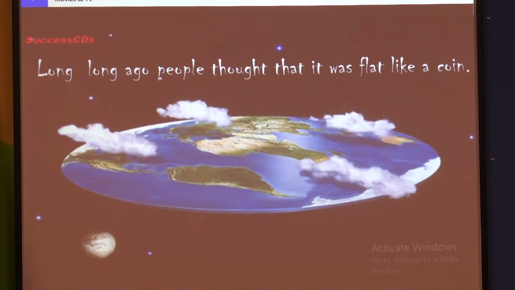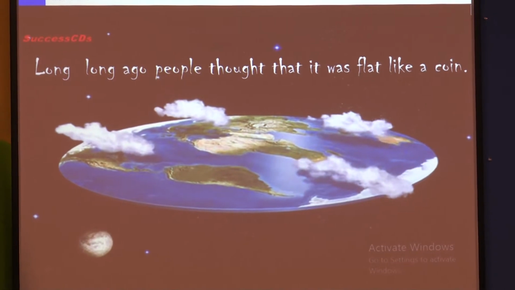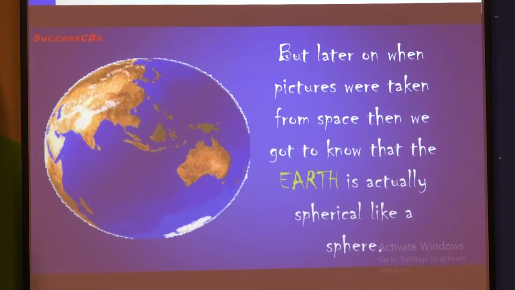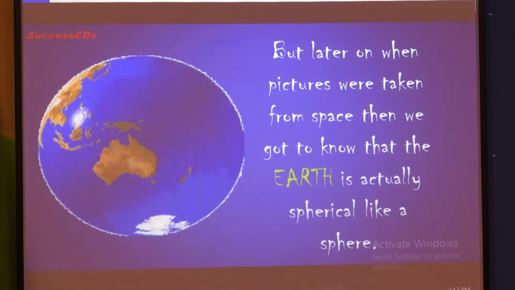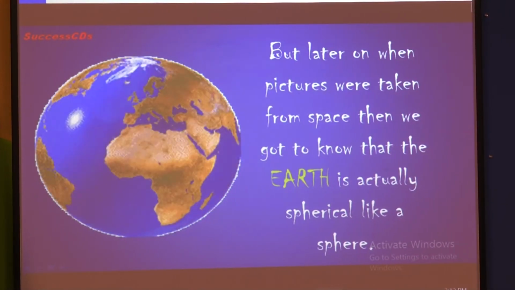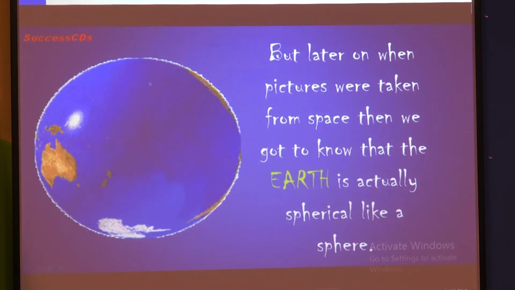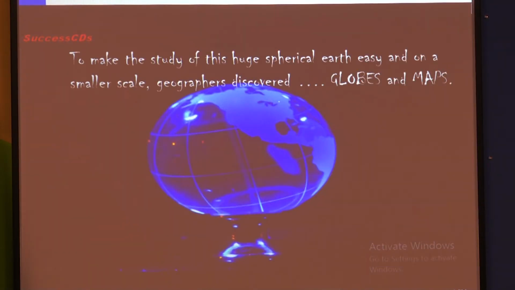Long ago, people thought that it was flat like a coin. But later on, when pictures were taken from space, we got to know that the Earth is actually spherical, like a sphere. To make the study of this huge spherical Earth easy and on a smaller scale, geographers discovered globes and maps.